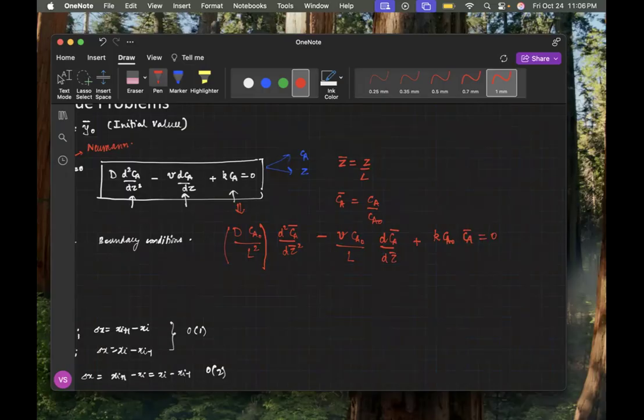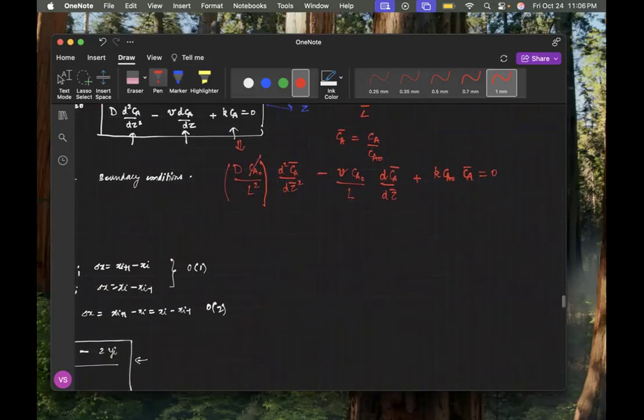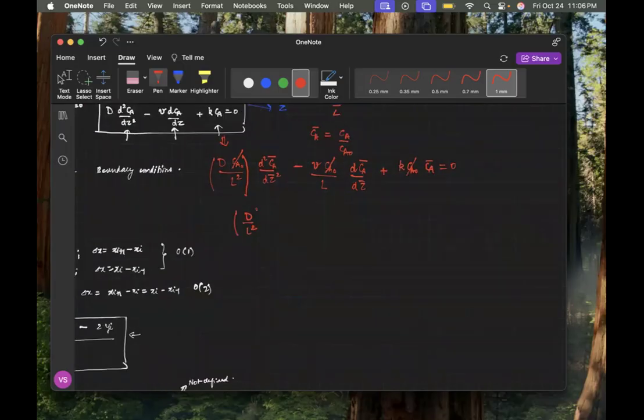Okay. Now, one thing that you can do is you can remove Ca naught from all of these terms over here. So all you get is D by L squared d squared Ca bar by dz bar squared minus V by L dCa bar by dz bar plus K Ca bar equals 0. So this does look fine, but let's try and simplify it even further.